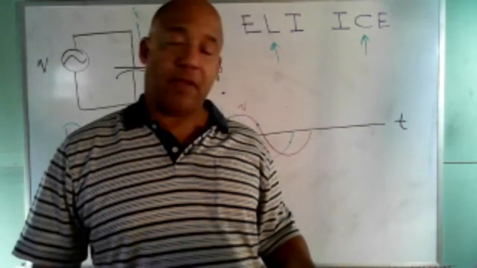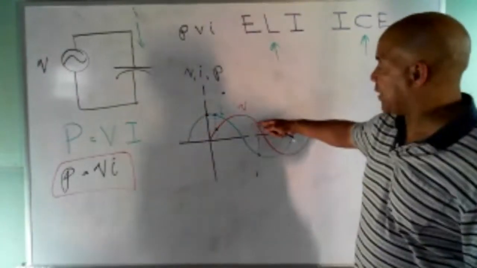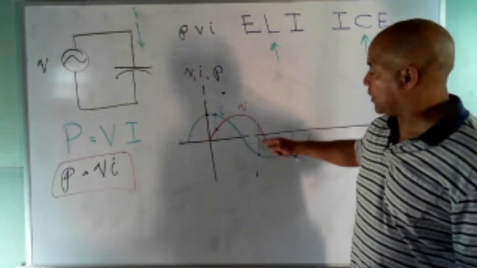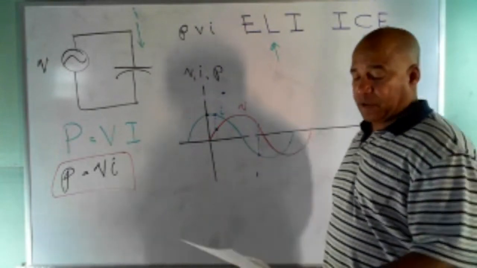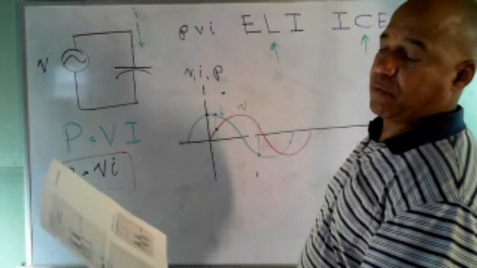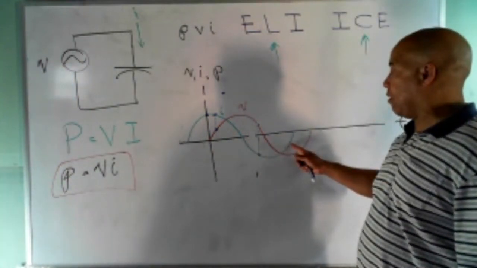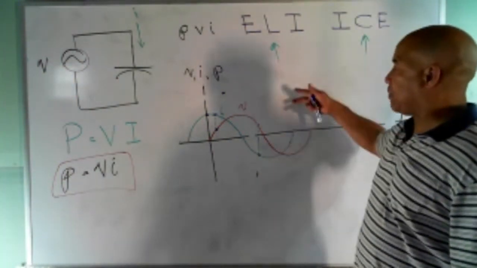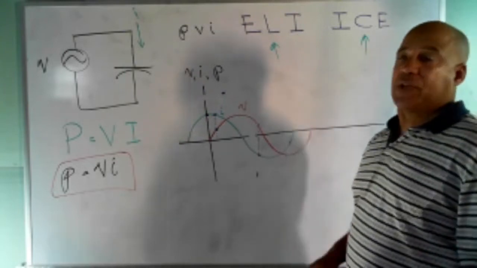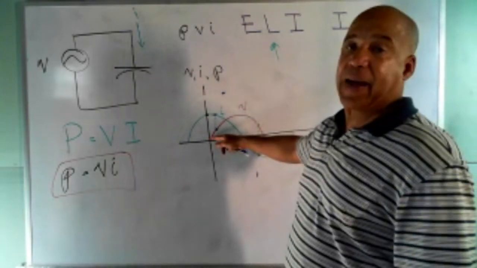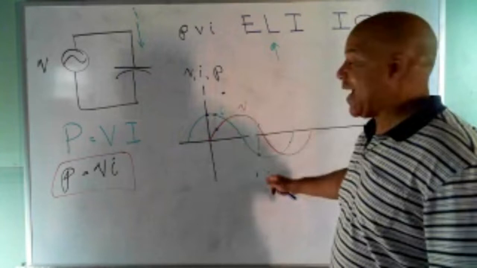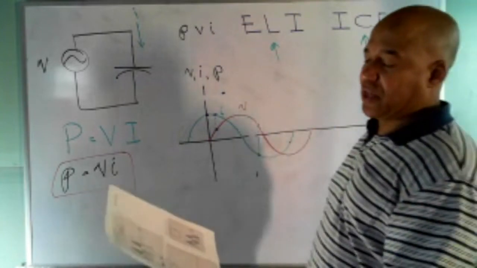And then you have a situation where we have positive voltage and negative current. For those, you get negative values for the power curve. And then over here, we have negative values for current and negative values for voltage. That gives us a positive value. So what you'll see is the power curve starts off as positive, goes negative, and then goes back positive and continues to flow like that.